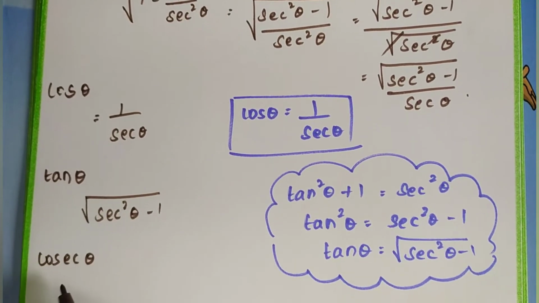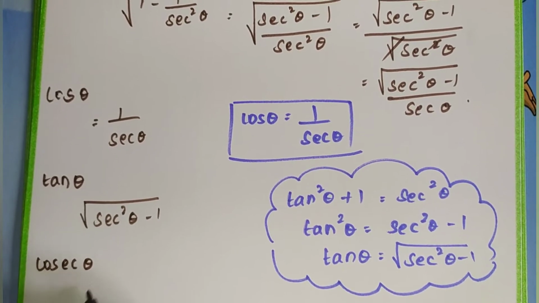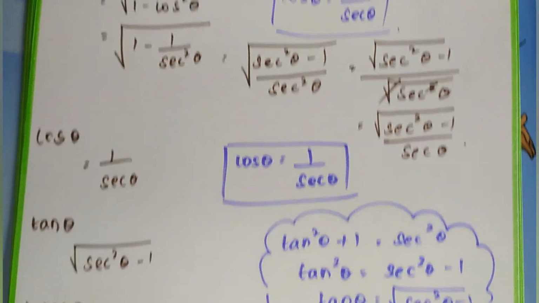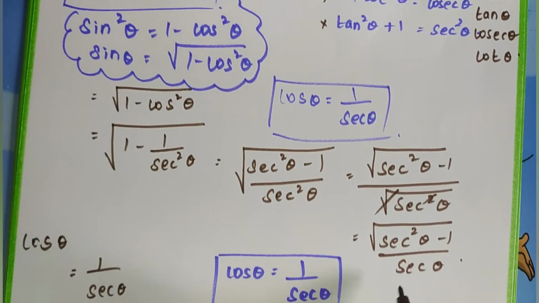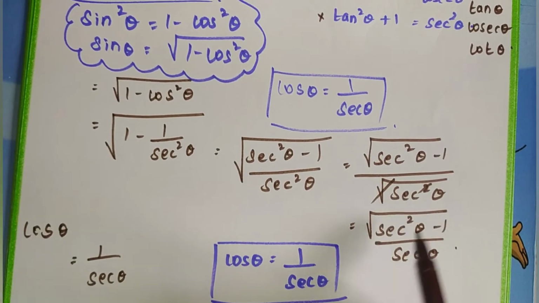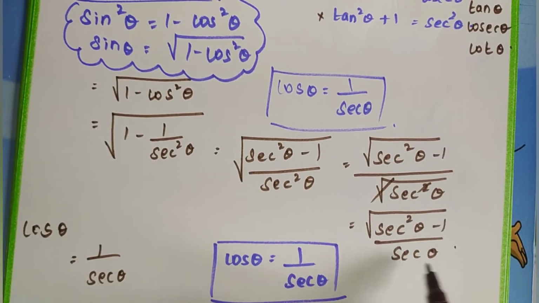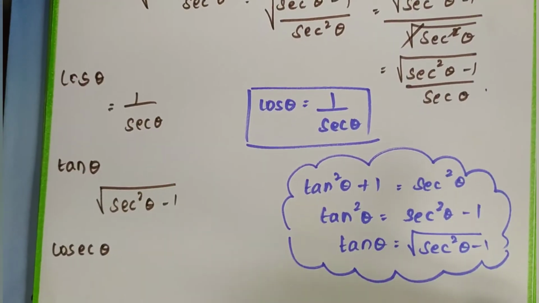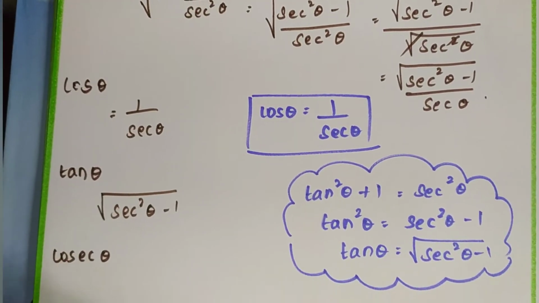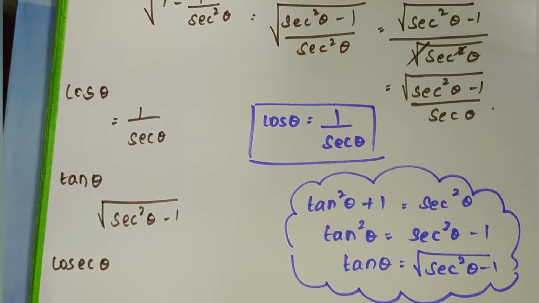So I am going to change this cosecant into sine. And already we proved sine theta in terms of secant, root of secant square theta minus 1 divided by secant theta. So straight away I am going to substitute. Clear? So cosecant, how can we change?